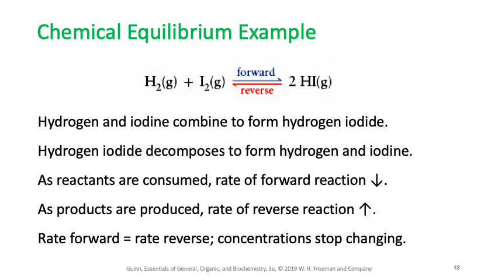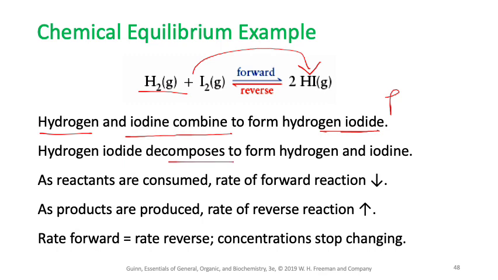Okay, so let's try to understand what's going on during this reaction from the starting to the ending. First, hydrogen and iodine molecules combine to form hydrogen iodide as a product, and then hydrogen iodide decomposes to form hydrogen and iodine, right? So the reaction keeps going reverse and forward. As the reactants are consumed, the rate of the forward reaction decreases.